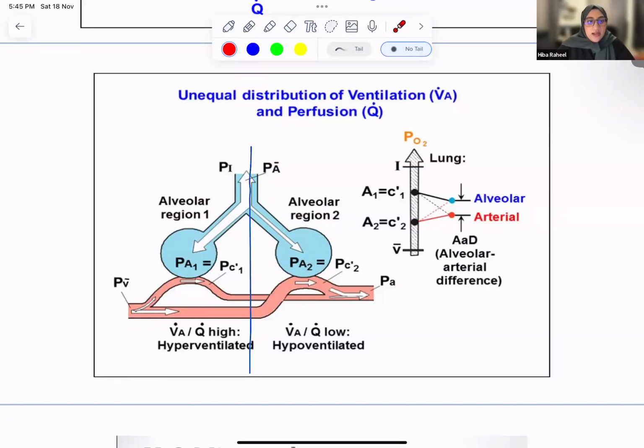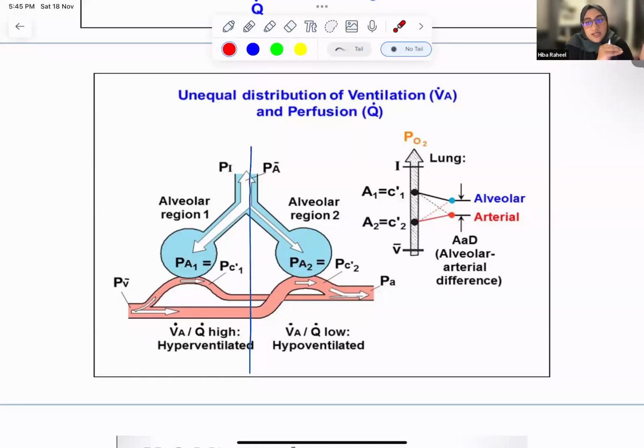Now in reality, our body's oxygen level is not measured on just one alveolus, right? It is cumulative of all the alveoli in the lung, so they are all mixing together.